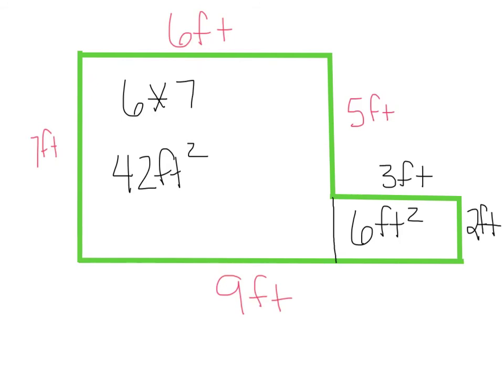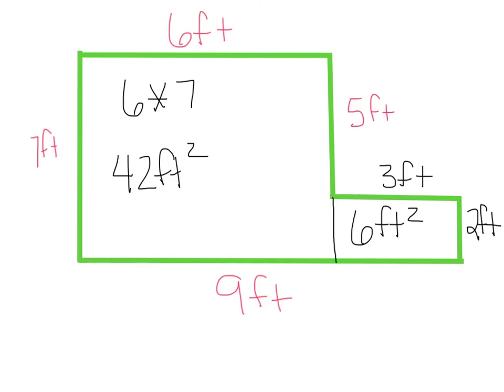This is how I chose to break up these 2 rectangles. First, I looked at this piece here, which was a 6 by 7 rectangle, 42 square feet. And then I chose to draw this line here. From doing that, though, I know I have to figure out what this measurement is. How I did that was I looked at the total distance here, which was 9 feet.